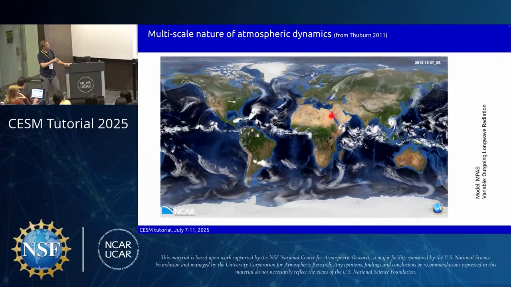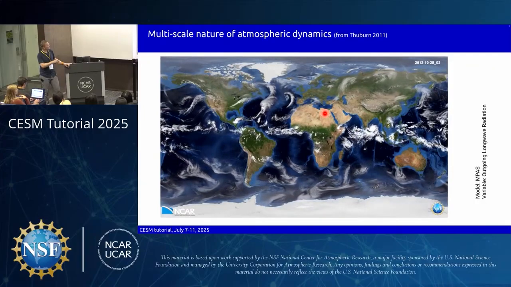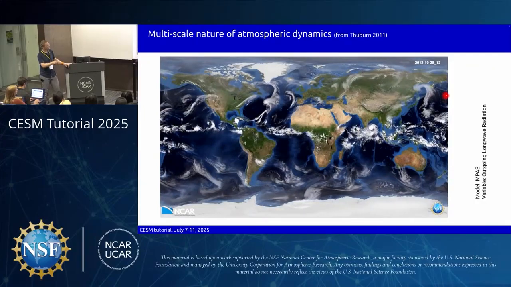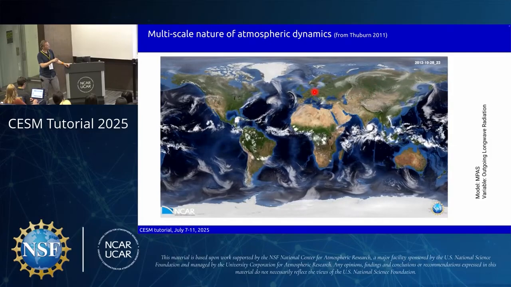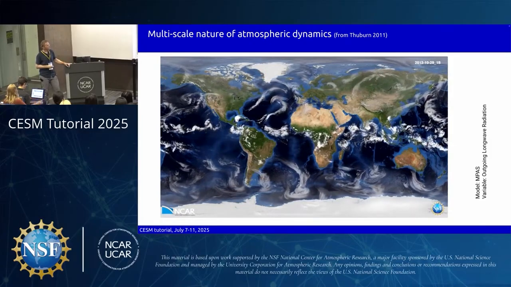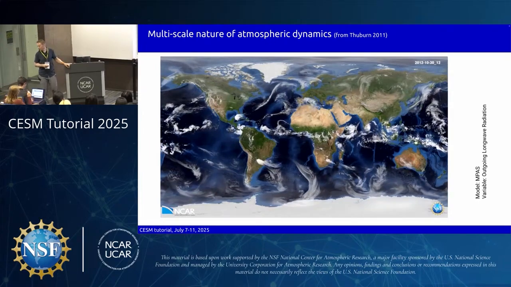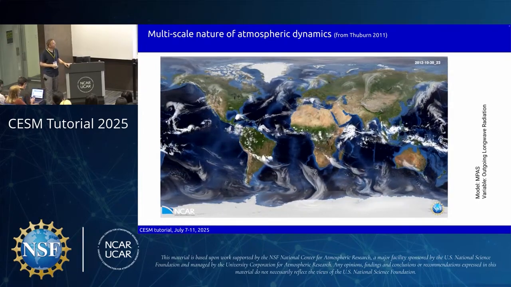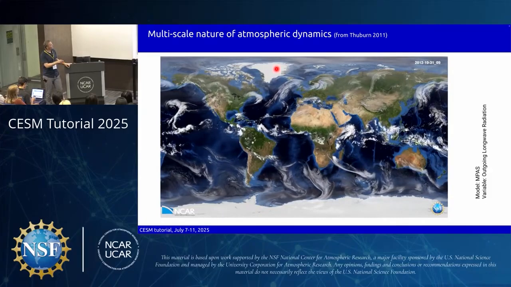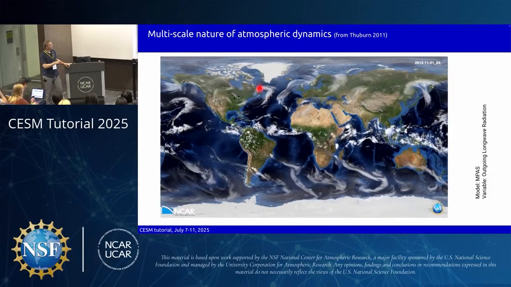So one important thing is, in each hemisphere, you have these large undulations in the jet stream happening above these cloud systems here. They have time scales of many, many weeks, and they are like 10,000 kilometers across or something like that. Then below that, you have cyclones and anticyclones forming.